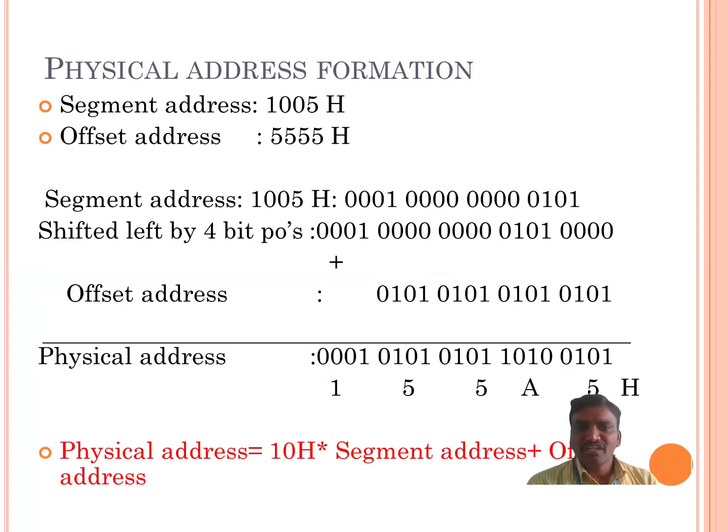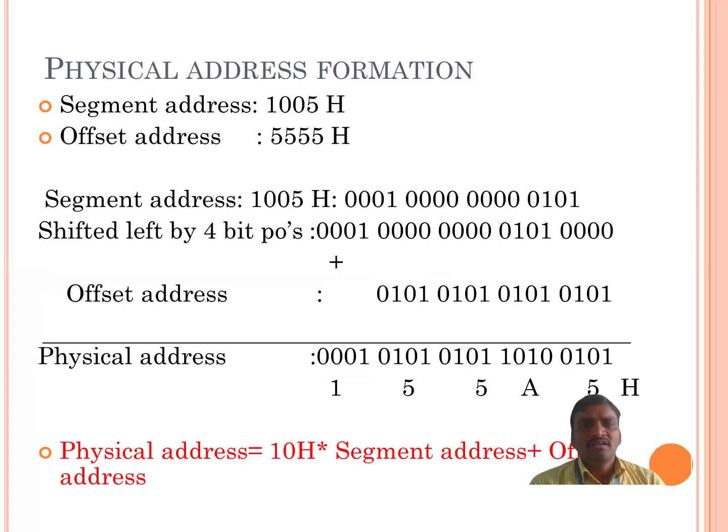After shifting, the LSB positions are empty. For those empty positions, we just add all zeros. Finally, to whatever we get, we add the contents of the offset address. So finally, you will get the 20-bit physical address.